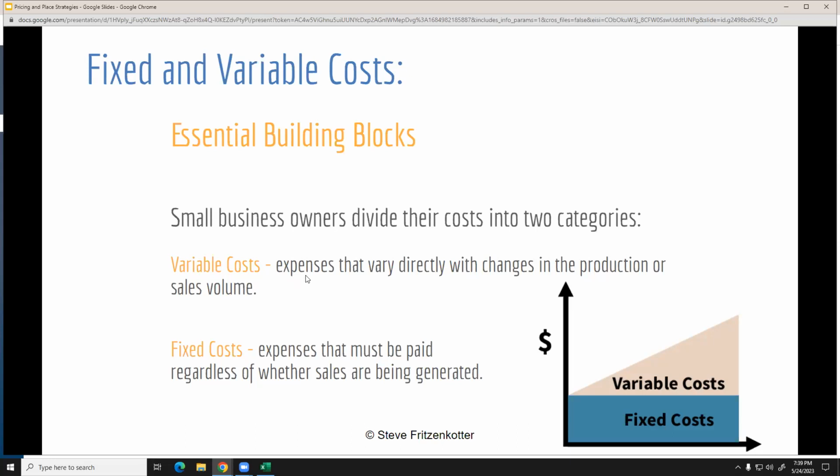Also, sales commissions are a variable cost. Obviously, the more you sell, if you have a sales force, the more they sell, the more you have to pay them. So those are variable costs that go up and down with production.